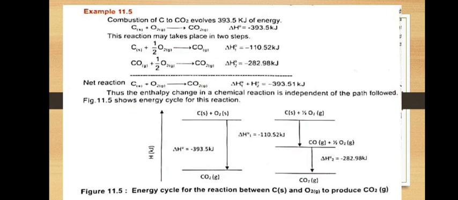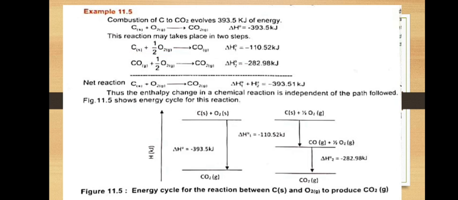For example, reaction may take place in two steps. Here I try to highlight also. Here you find that this is one step which I have shown with the green line.